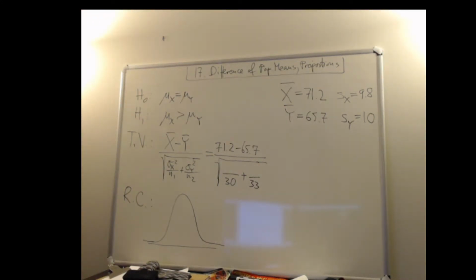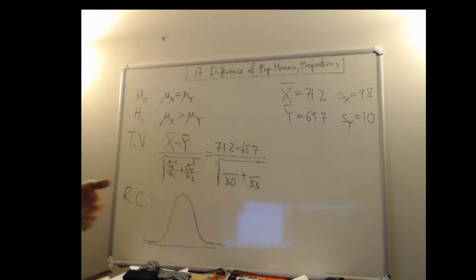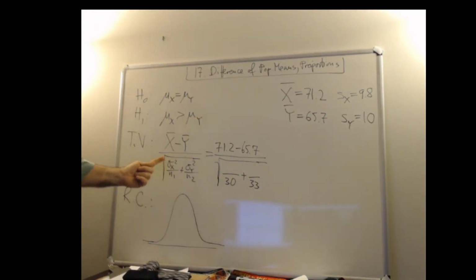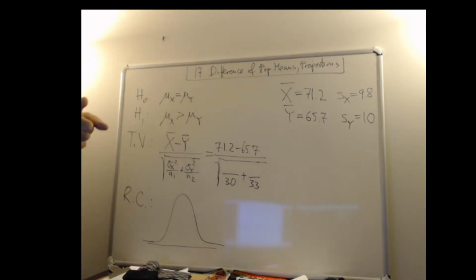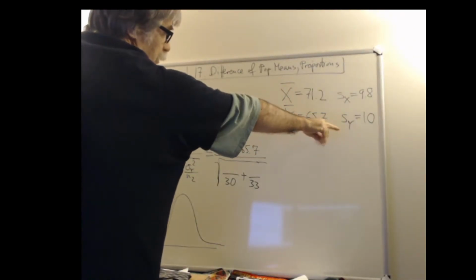Well, we know that in case of a large sample, when we are doing a z-test, you could use the sample standard deviation instead of the population standard deviation. Now, if you have a population standard deviation, just plug it in. I just have a sample. But I have a large class, 30 students, large sample, 33 students, large sample.